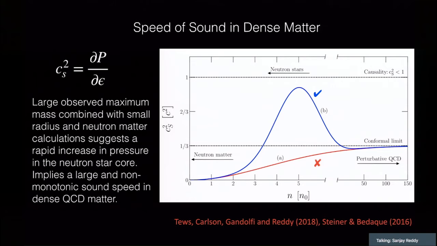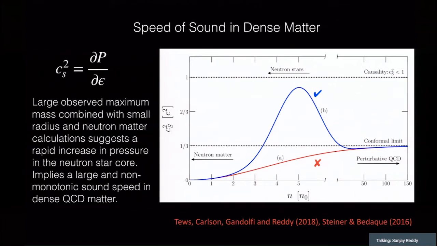On the other hand, if you go to very high density, where the interactions between quarks become perturbative, that's the region where perturbative QCD works, and in that region you can also calculate the speed of sound. You find that at asymptotic densities, the speed of sound is 1/3.